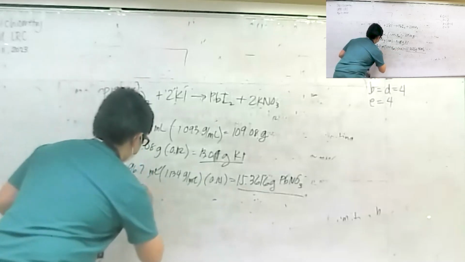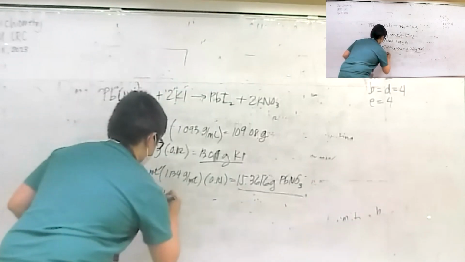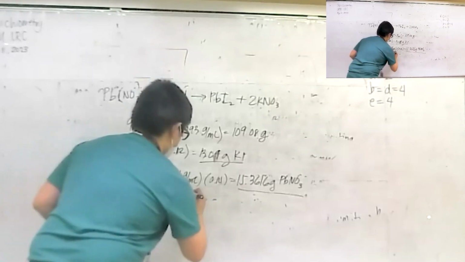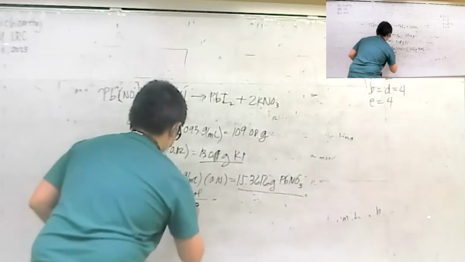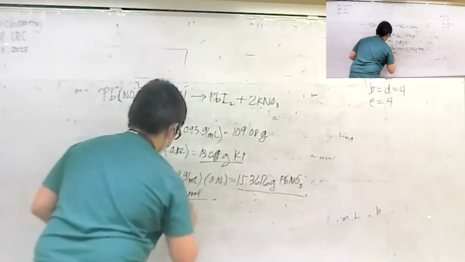So, first, 13.09 grams KI. Just multiply it by the conversion factor, 1 mole is to yung molar mass ni KI.